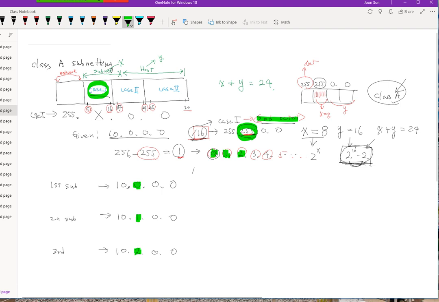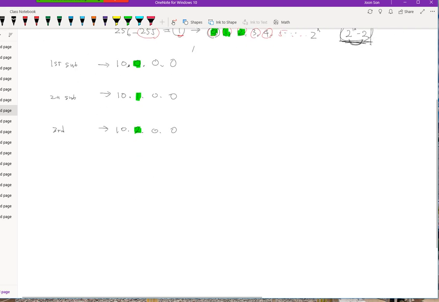Then there is the last subnet. This is a question that I can ask you on the final exam: what is the last valid subnet IP address? 10.255.0.0. Thank you so much.